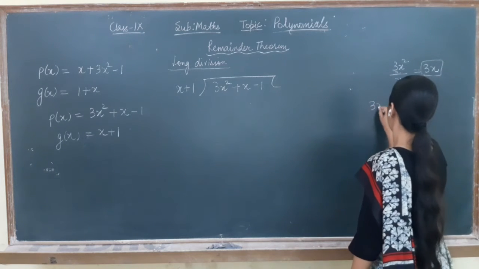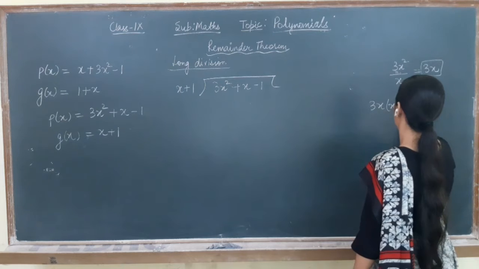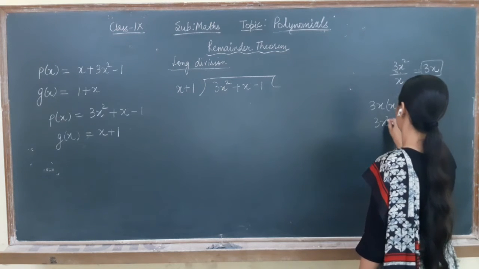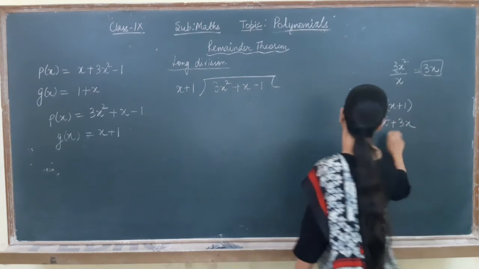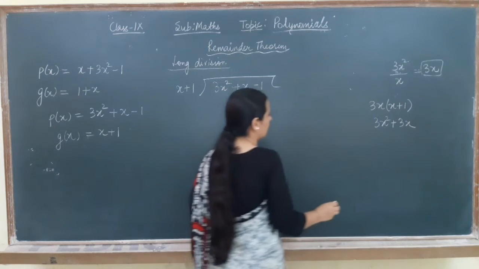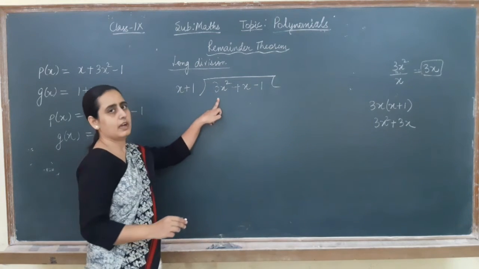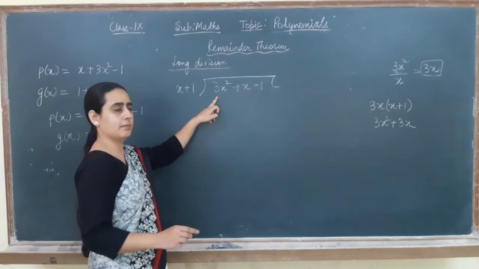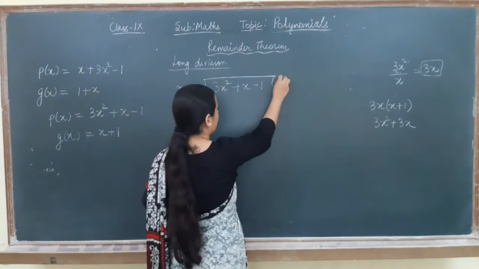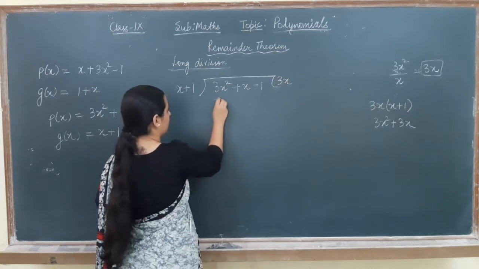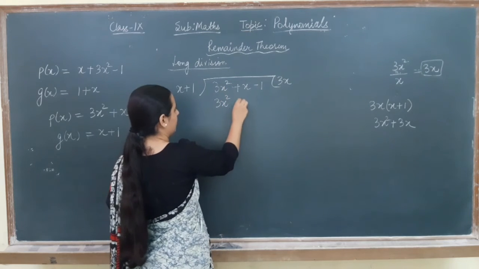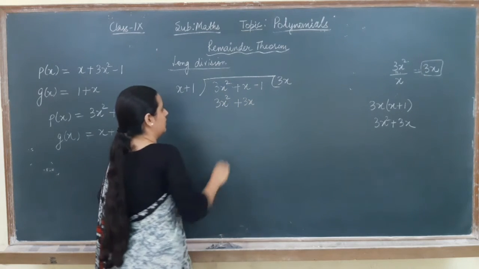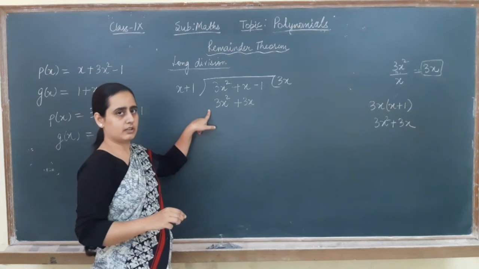So 3x into x plus 1, I will get 3x square plus 3x. You can see 3x square plus 3x. Because in every step I need to make the first term same. So I have multiplied by 3x and I have got 3x square plus 3x. You have to write the like terms under the like terms.